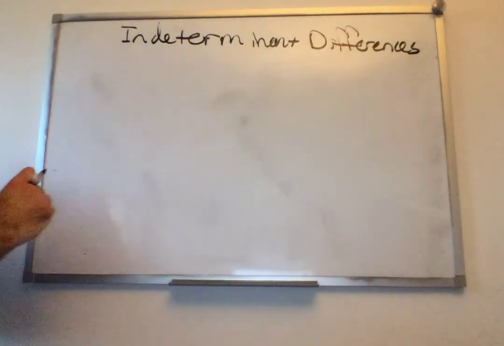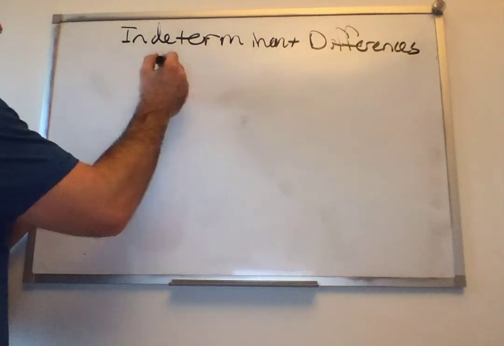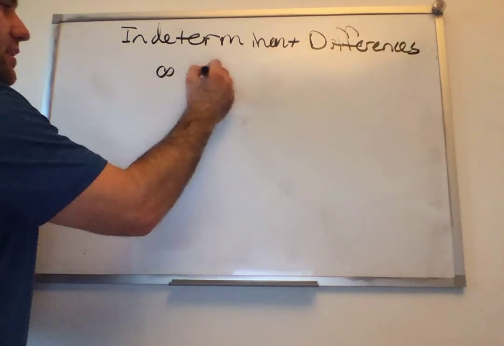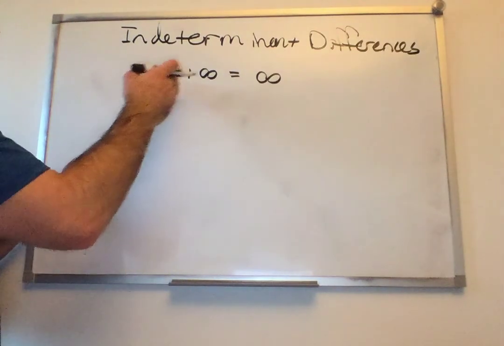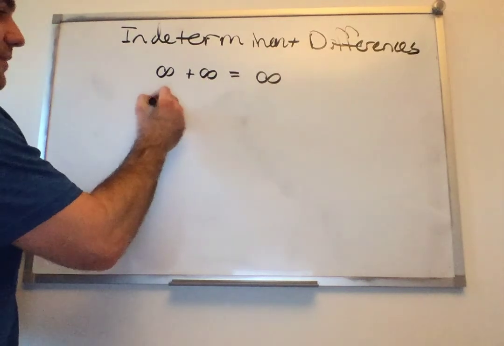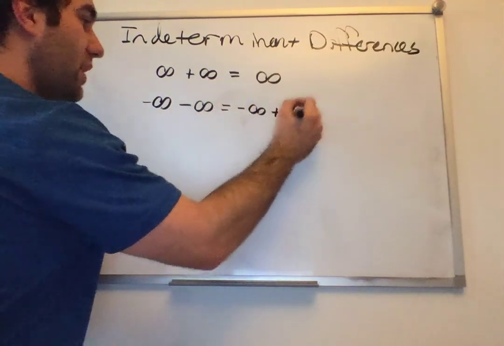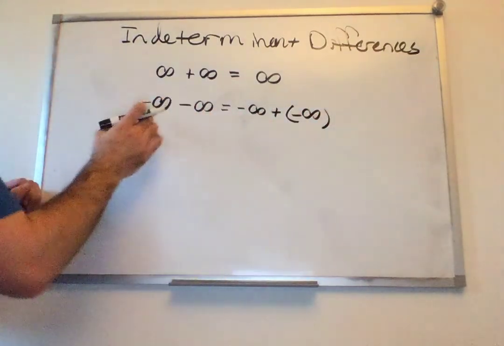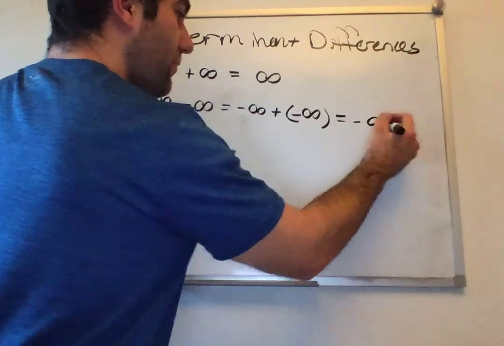So indeterminate differences. Why only a difference? Why not a sum? Well, let's think about it. If we had infinity plus infinity, well, that's going to equal infinity. Like a positive number plus a positive number must equal a positive number. Negative infinity minus infinity, or negative infinity plus negative infinity, this is a subtraction, this is written as an addition, is equal to negative infinity.